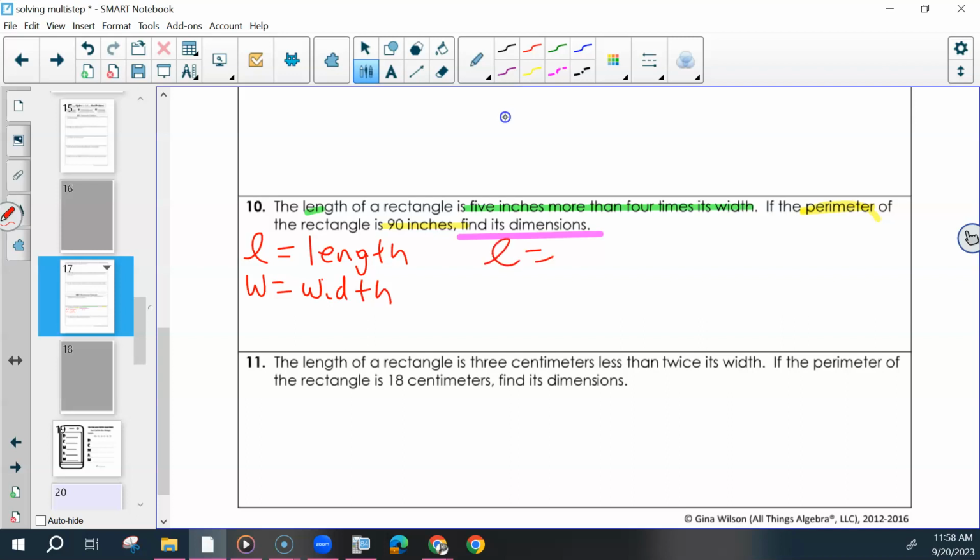L equals 5 plus 4W. Right? We know the equation for perimeter is 2L plus 2W equals P. We know our P is 90.